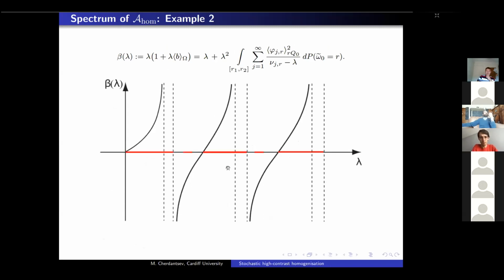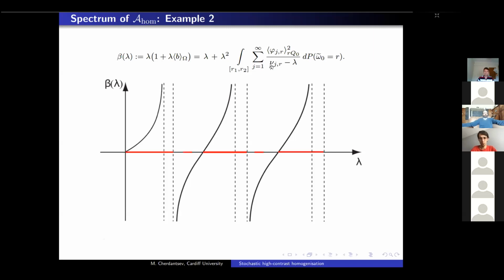Okay, now if you think about the second example where you allow the size of the inclusions to vary in some interval, you will have this picture. What happens is that if you fix one ball of one size and look at its eigenvalues and then start changing the size of the ball, the eigenvalues will move to the left or to the right depending on how you change the size of the ball.